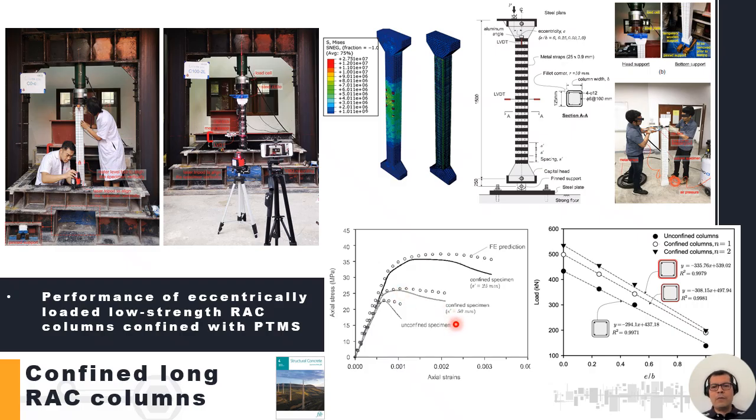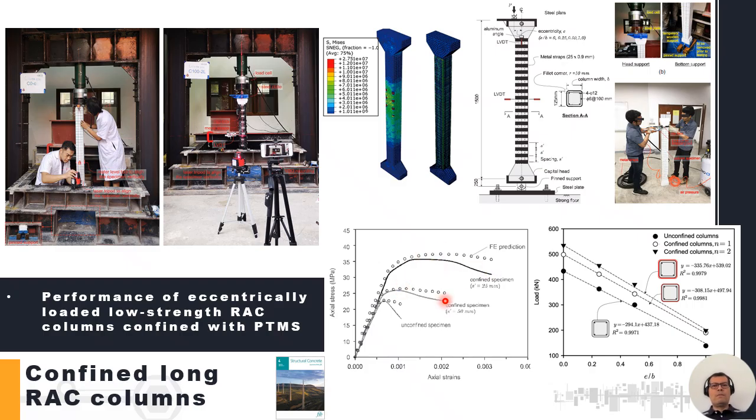One of them with a spacing of around 50 something millimeters, which is basically leaving a gap of 25 mil between them, and then another one at around 25 millimeters. And as expected, the closer the straps are, the more the effectiveness of the system, and therefore the better the response. You can see here that the strength increased from around 20 something megapascals to around 38 megapascals.